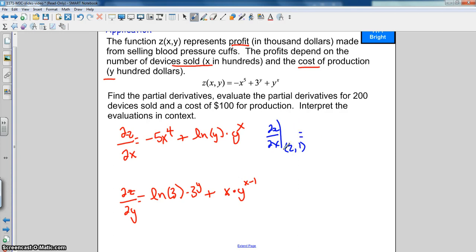And if I evaluate this, skipping writing out the computation, if you punch this into a calculator, I got minus 80, and let's add the units. This would be thousands of dollars, since profit is in thousands of dollars, per 100 devices.